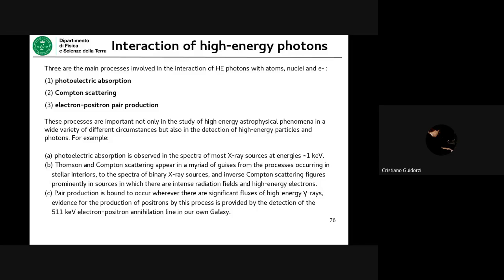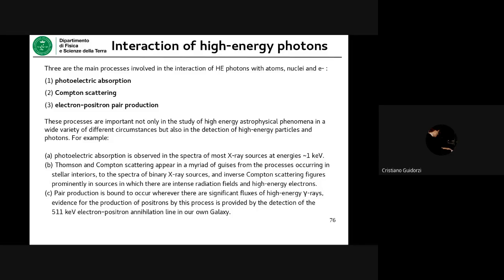And the last case is when the photon's energy becomes so high, for example much higher than the rest mass energy of the electron, that the dominant process will be pair production. This process is important not only in an astrophysical context, but also when you consider the interaction of high energy photons with matter, so with detectors.